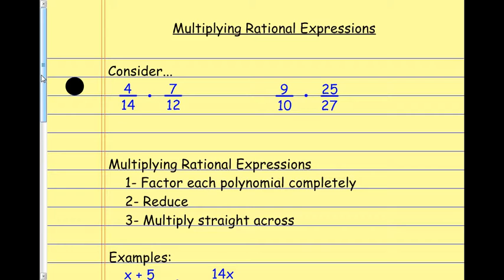I could multiply straight across and get 28 over the 12 times the 14, which is 168. You'll see right away why this is a little bit difficult, because then I have to reduce this. When we look at 28 over 168, it might be pretty tough to identify what divides evenly into each.